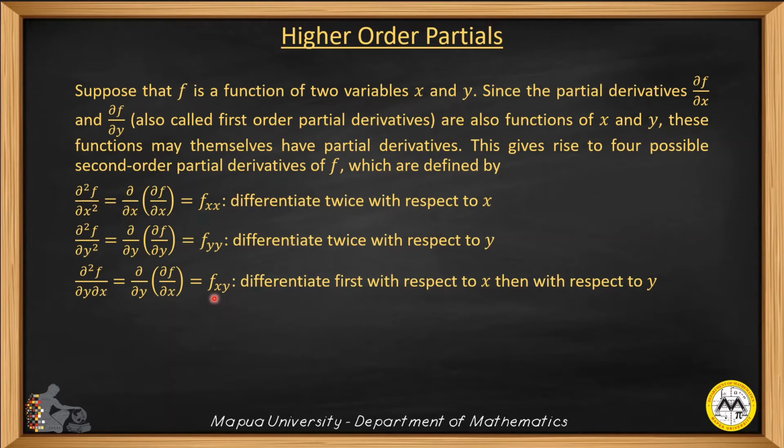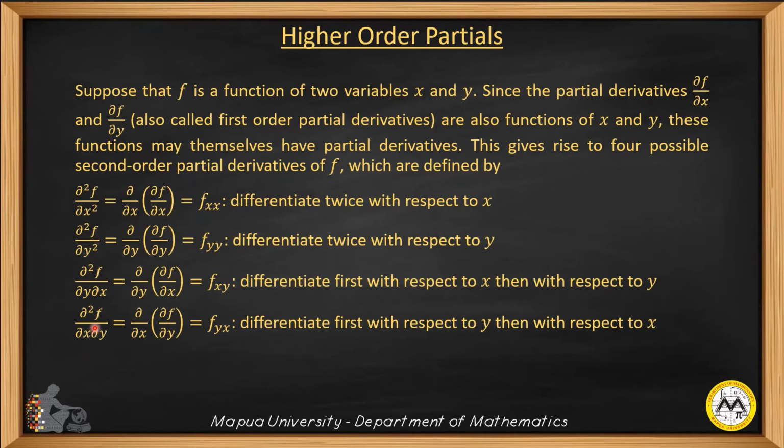So you do first the partial derivative with respect to x, followed by that of y. But if you are using the symbol, then you work on the derivative from right to left. So do first the partial derivative with respect to x, and then differentiate the result with respect to y.